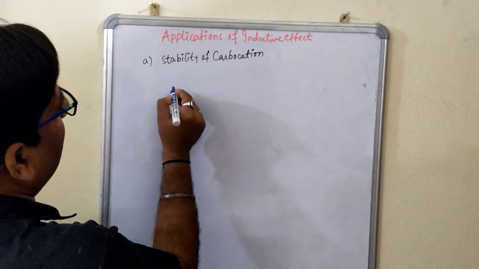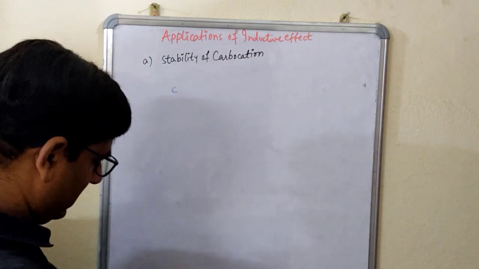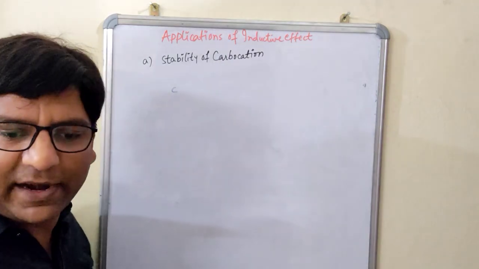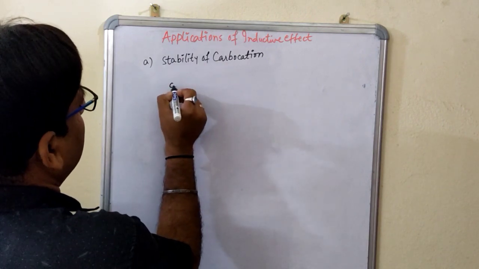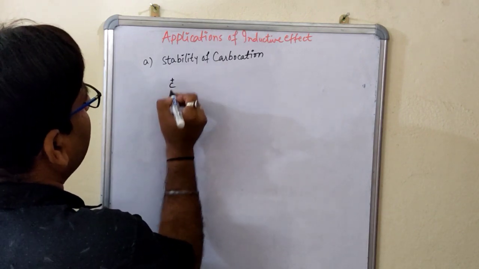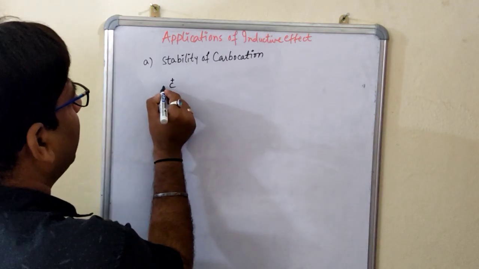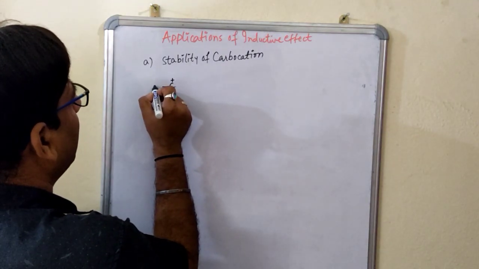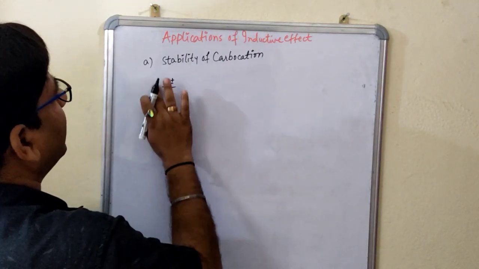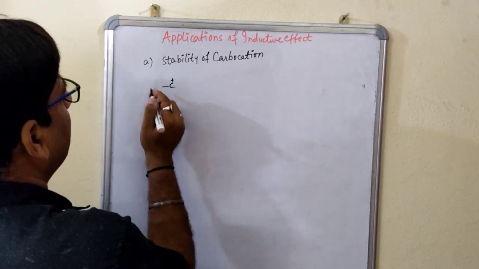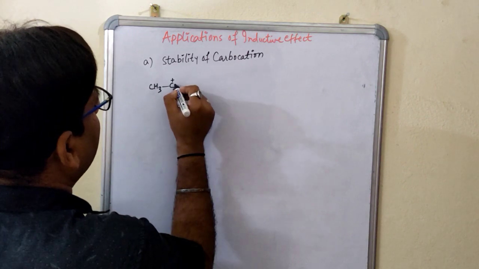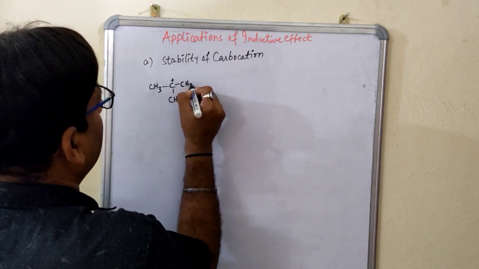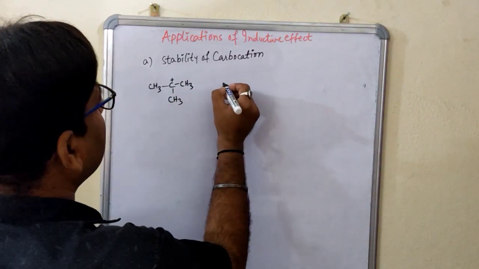Suppose I am writing here, for example, I am giving you instances. Suppose this is the carbon bearing a positive charge, and here I have CH3, here also CH3, here also CH3. Right?